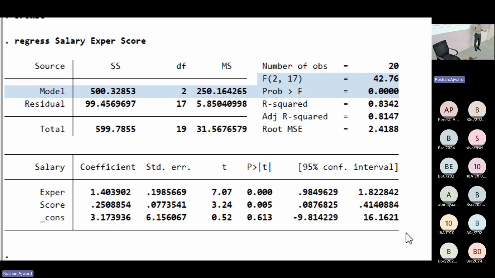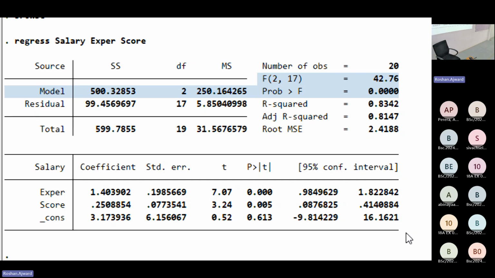So you can say in the coefficient table, this table indicates the individual significances of the independent variables.